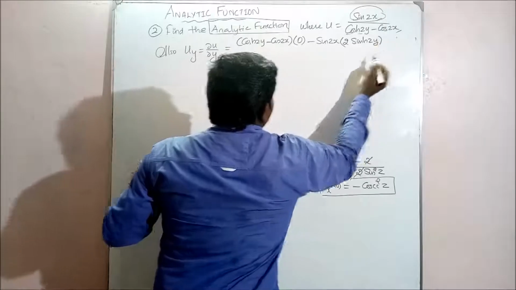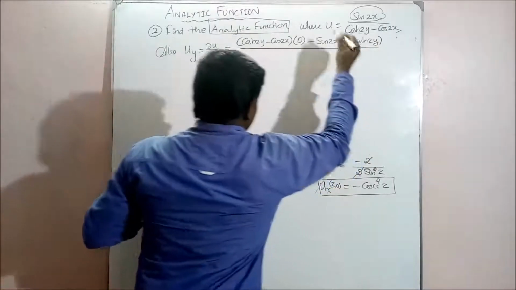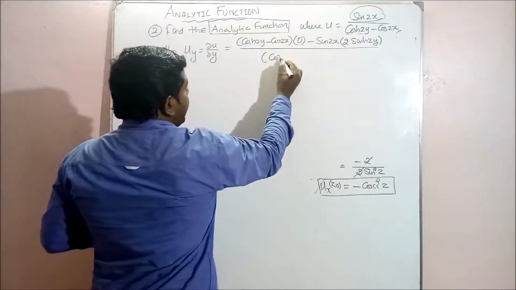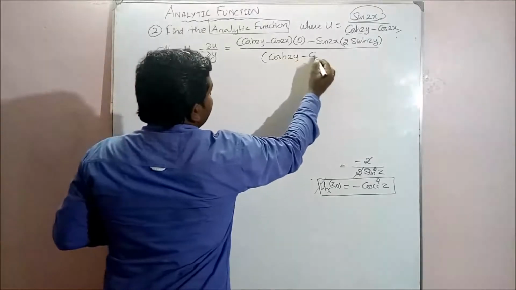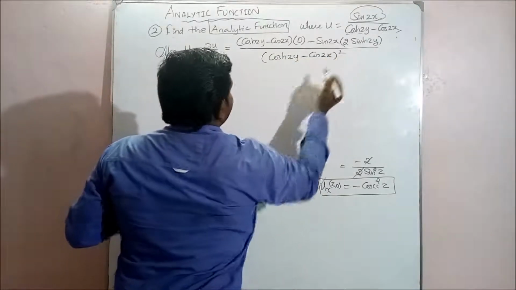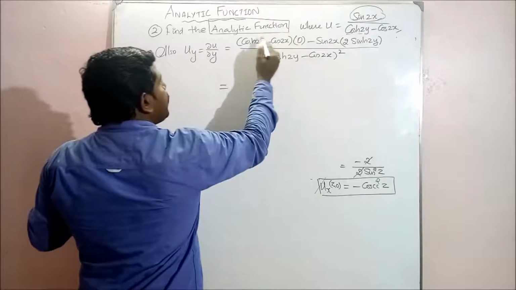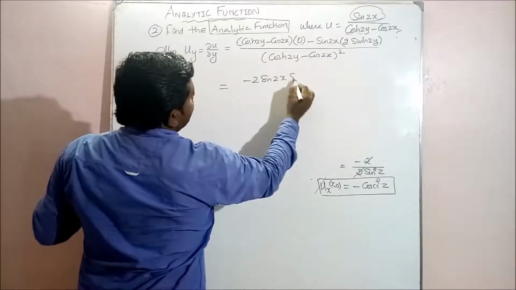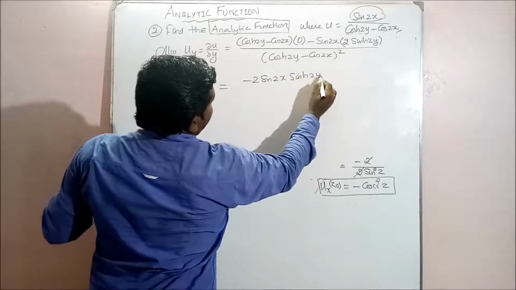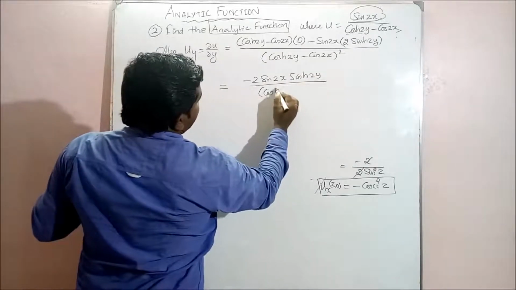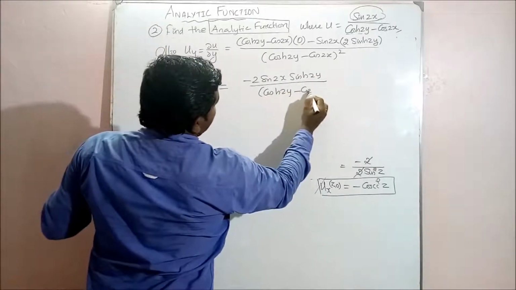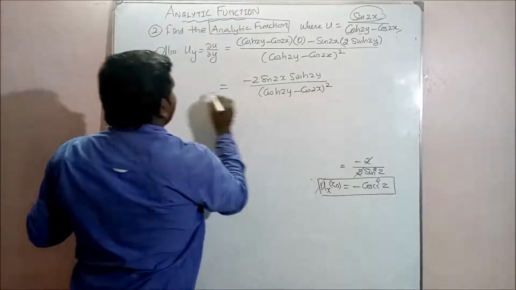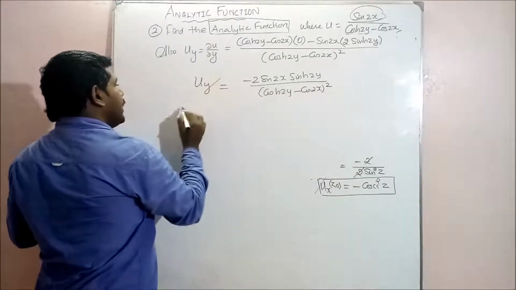Minus 0, divided by the denominator term whole square, cos h 2y minus cos 2x the whole square. So in the term, 0 into this term is 0. So minus 2 sin 2x sin h 2y divided by cos h 2y minus cos 2x the whole square. This is called uy.